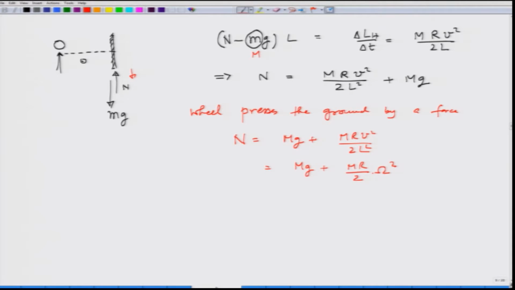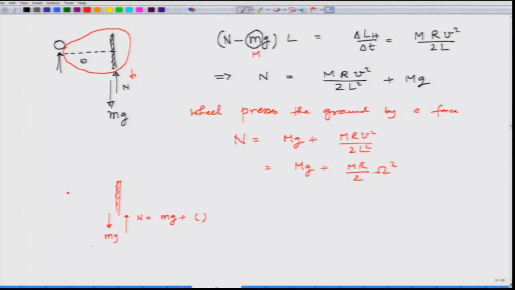Now, as a result, what is going to happen if I were to take this whole thing assembly, it is not moving in vertical direction. This, so if I take this whole assembly N, this is having a force which is N, which is equal to mg plus some extra term, and the weight down here is mg.